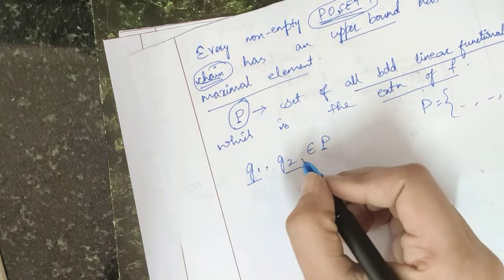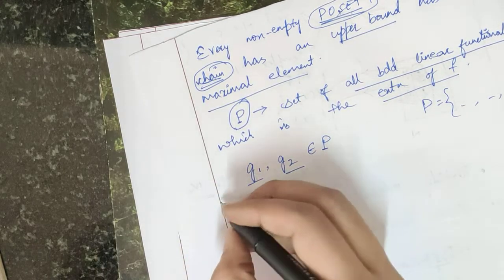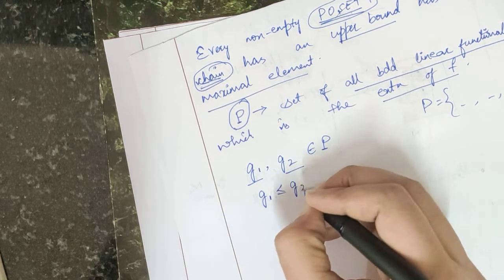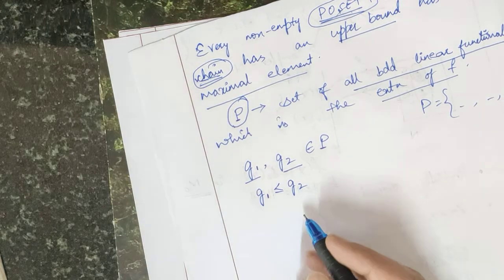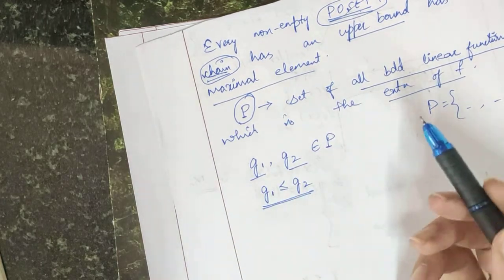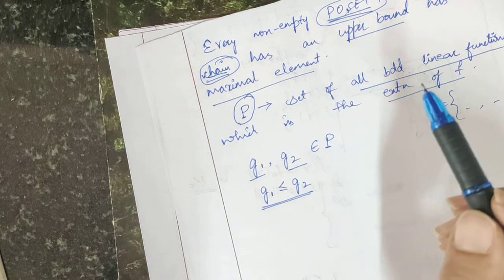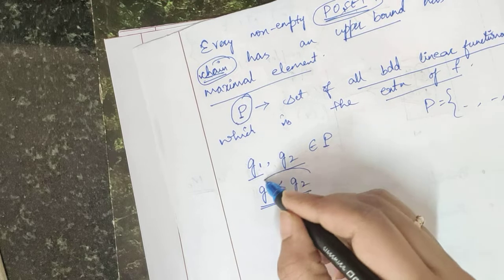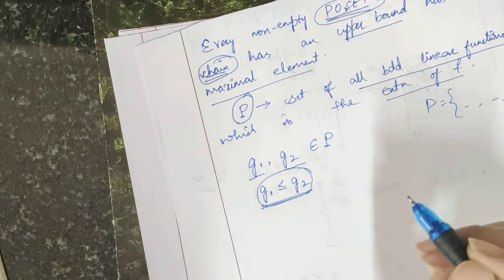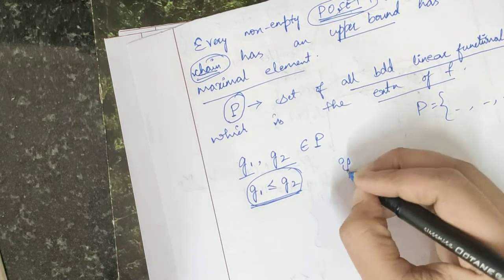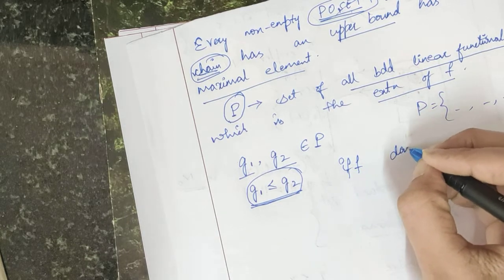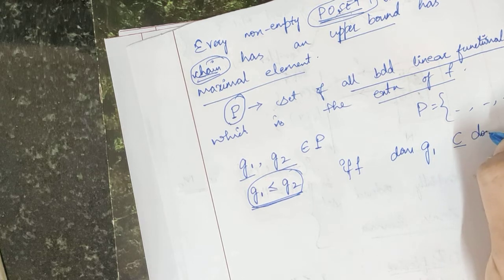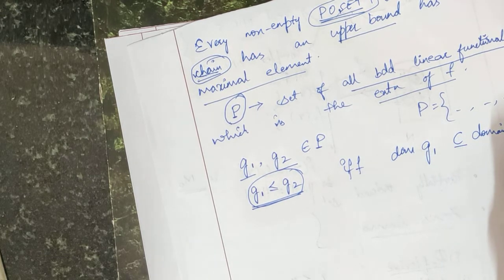So if I define a partially ordered set, I can write a relationship from the definition of partially ordered set: G1 is less than or equal to G2 if and only if the domain of G1 is contained in the domain of G2.